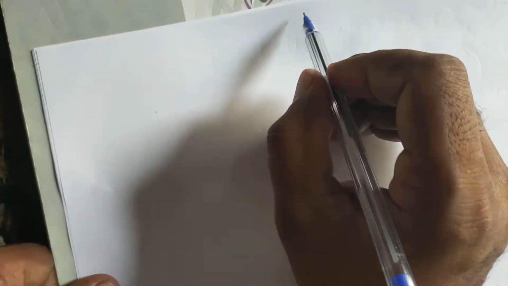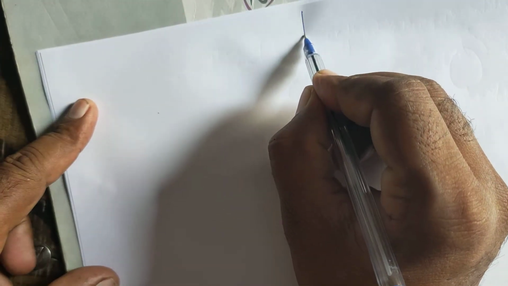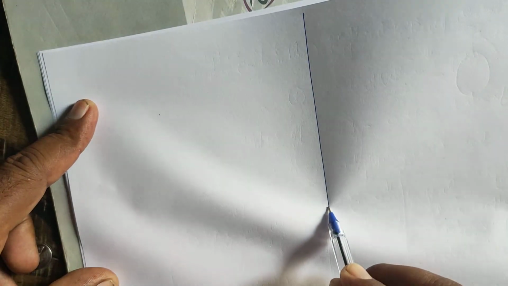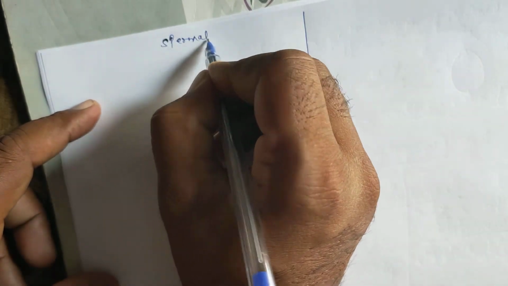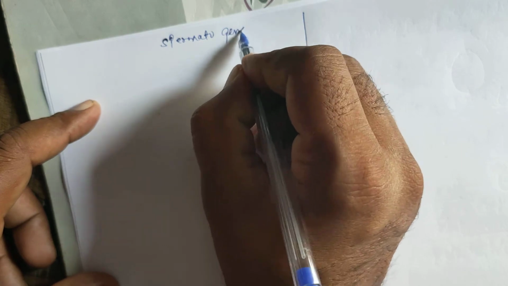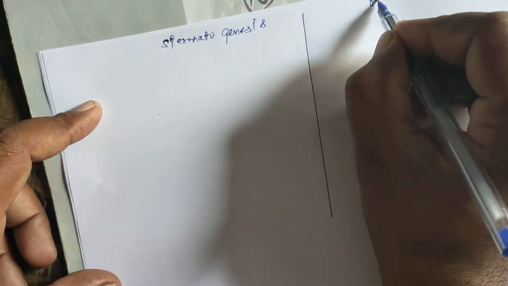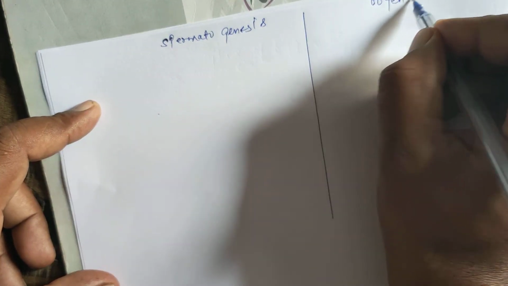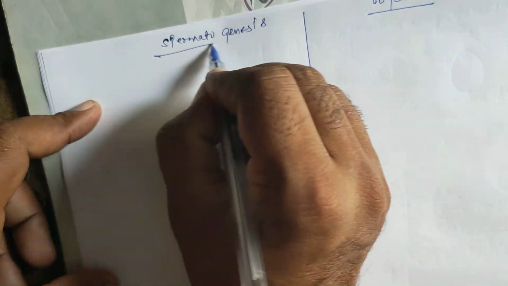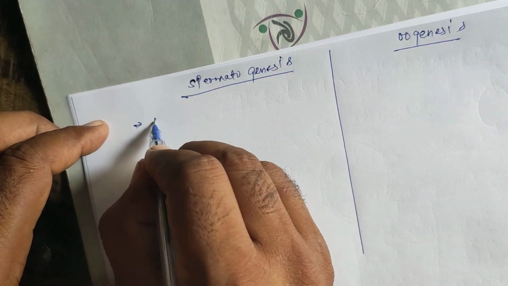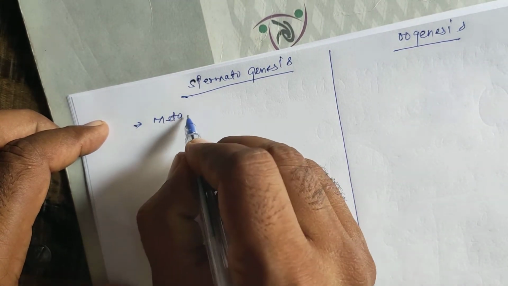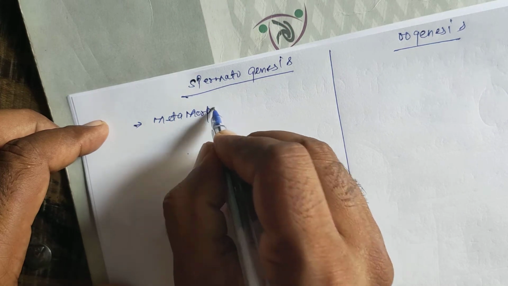Next, first spermatogenesis, second oogenesis. Next difference is metamorphosis.